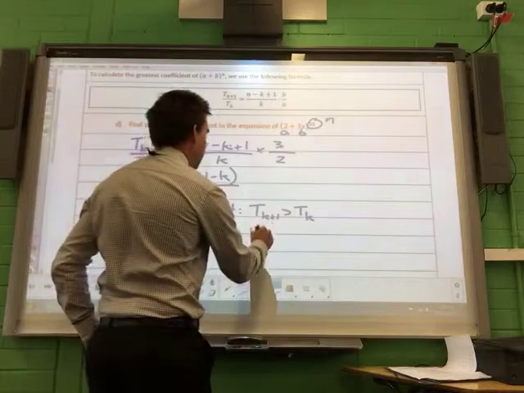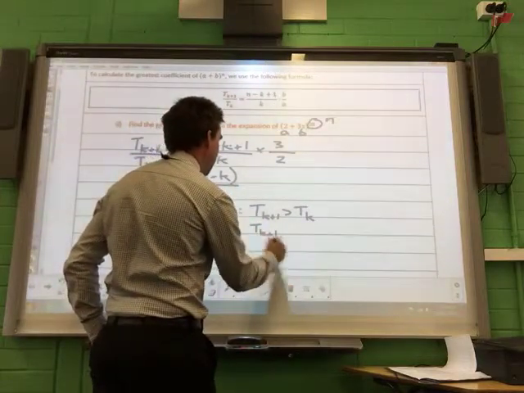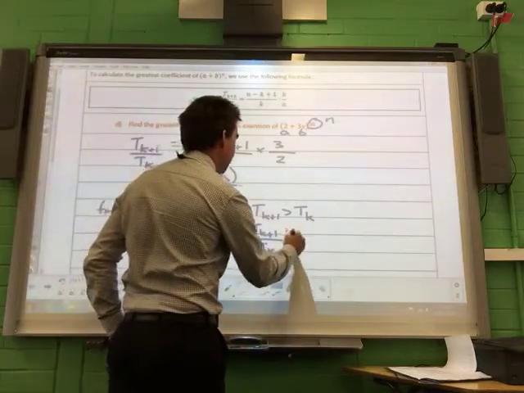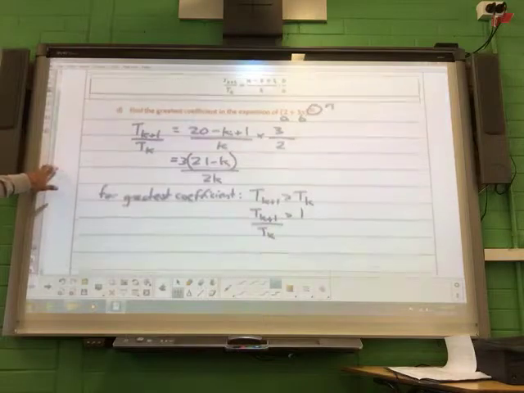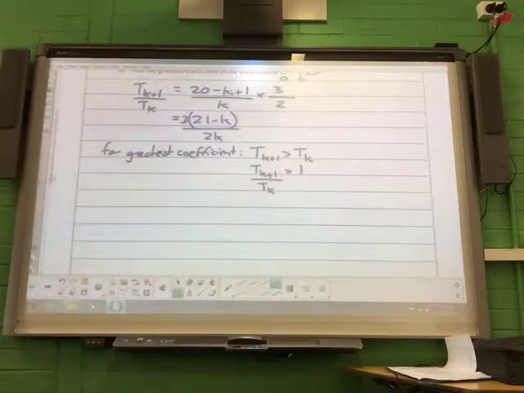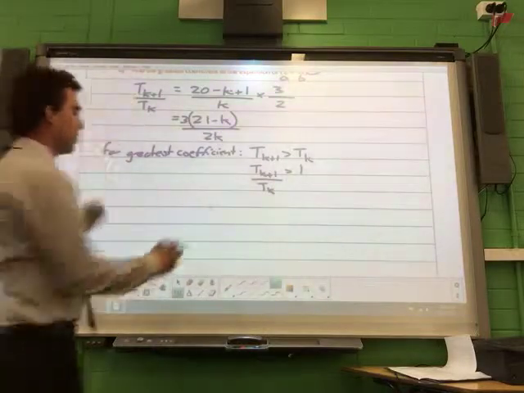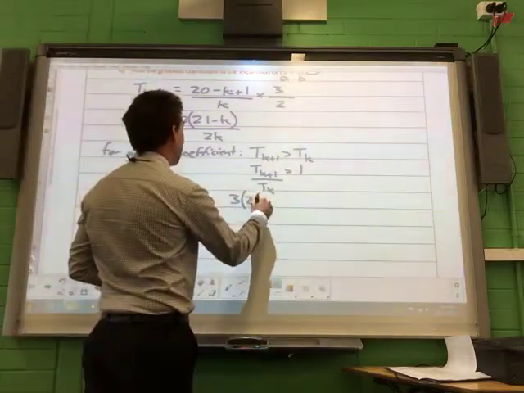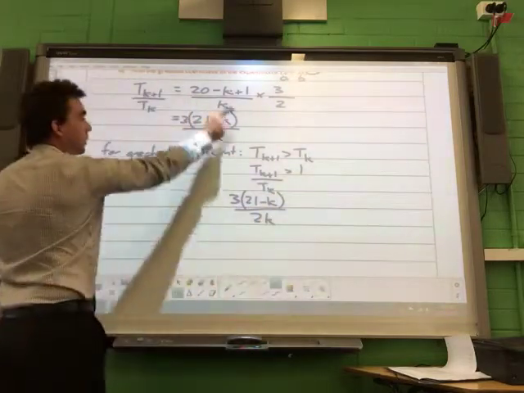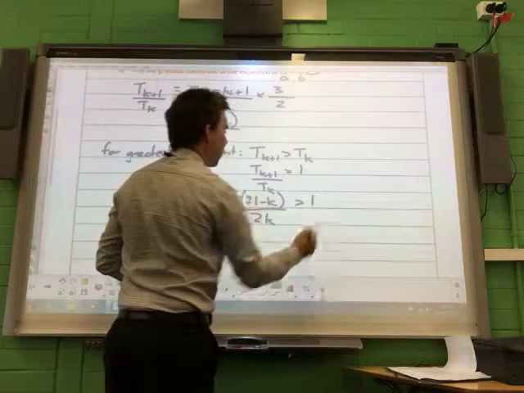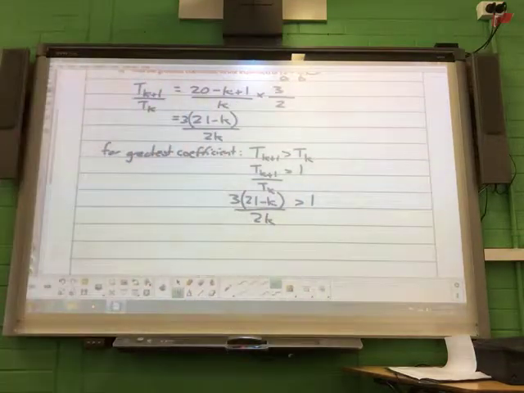Okay, so in other words, t(k+1) over t(k) must be greater than 1. The ratio of the coefficient to the previous coefficient has to be greater than 1 for the top one to be larger. Okay, so 3 outside of (21 take away k), all over 2k, so that's what we've simplified already, has to be greater than 1. We need to solve to get that value for k.